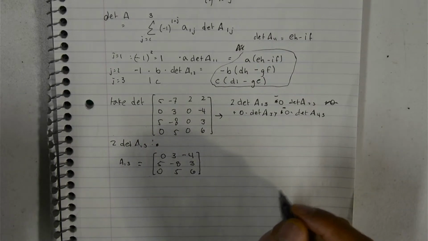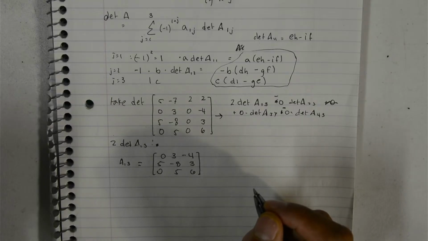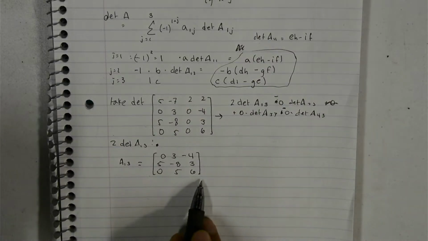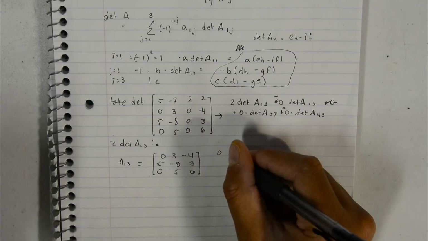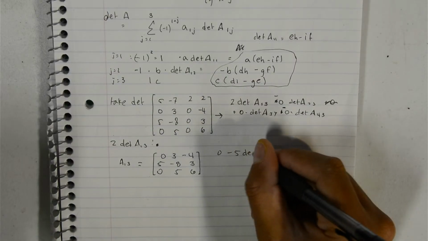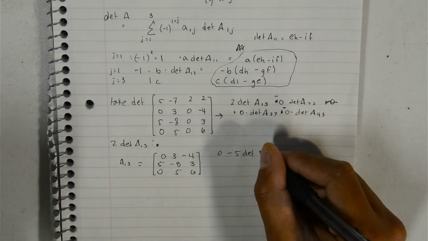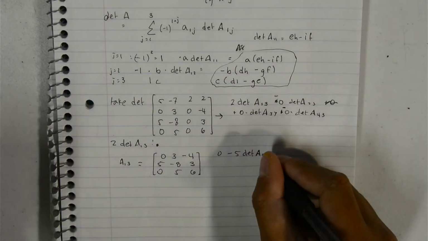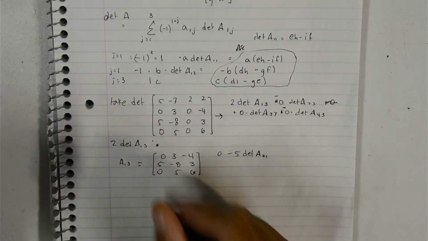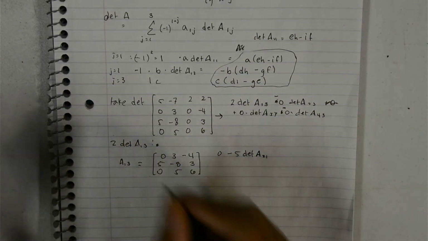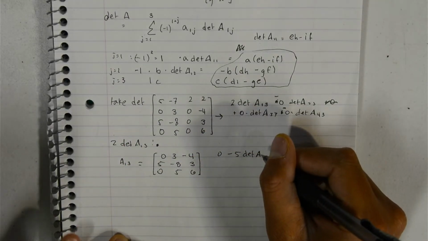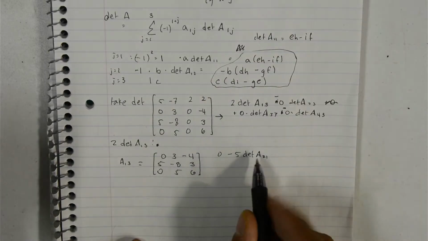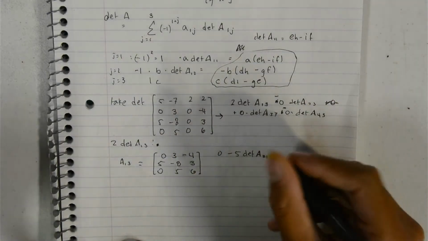Okay. So I'm pretty sure what we want to do now is take the determinant of this. If we pick this row to cofactor expand, we're going to get 0 minus 5 times det A21. Or we could call this B maybe, because this symbol would refer to a 3 by 3. Anyways, it's fine.